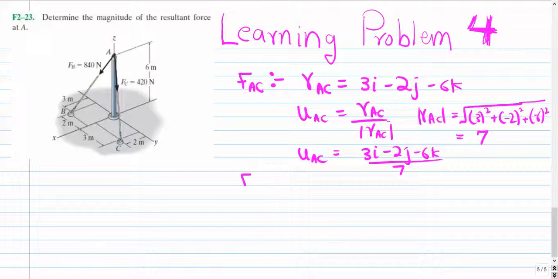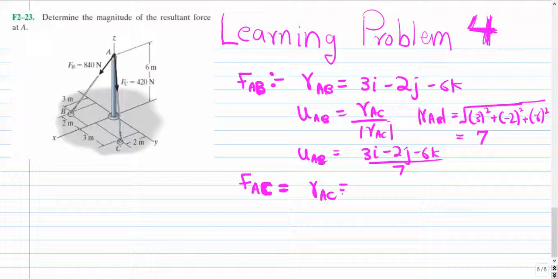Let's move on to find the force vector from A to B. My apologies. I wrote here from A to C, while actually this is from A to B. And now we're going to work on A to C. I have to change all subscripts.